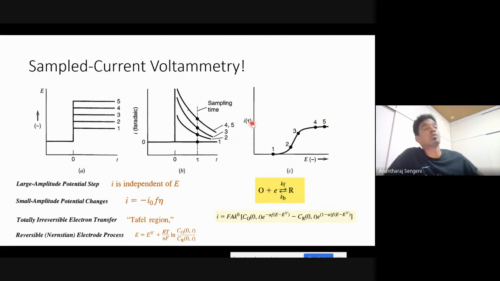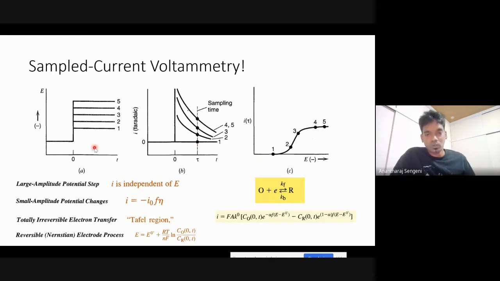When we talk about steady state response, right away, after correcting the IR drop, you can use this response for Tafel analysis with no issues of capacitance contribution, for the exchange current density measurements and also Tafel slope measurements. Okay, so that is how sampled current voltammetry can right away become very handy in terms of calculating accurate exchange current density and Tafel slopes.